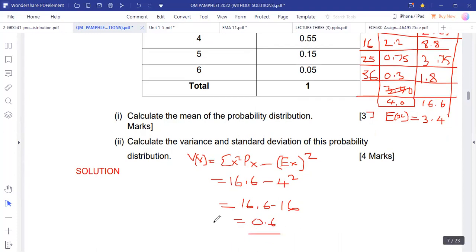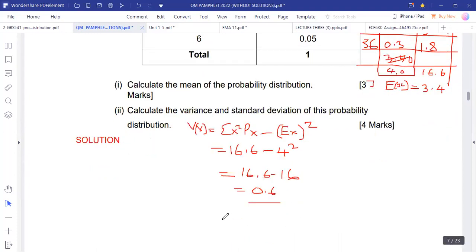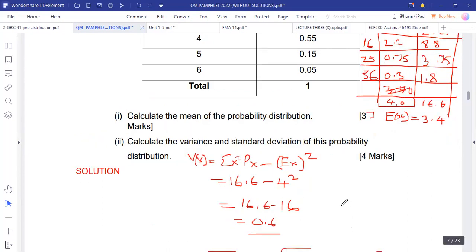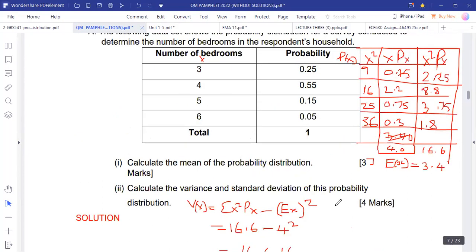So how do we get the standard deviation? Square root of the variance. So when you square root our 0.6, what do we get? 0.77. And now what is the probability x is greater than 4?